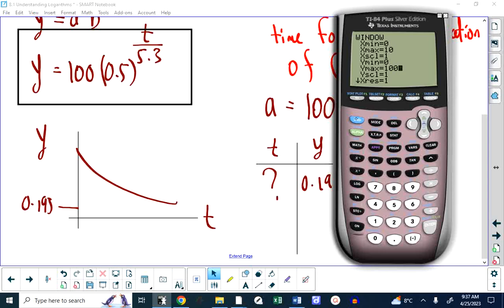Now, in order to figure out how far to go x-wise, I'm going to explore in my table like we did yesterday. I'm going to start at 0 and go up by 1. This will give me an idea of how many years it's going to take. I'm already at 17 years and I still have 9% left, and I want it to be less than 1%. So this is going to happen somewhere around the 45-year mark.